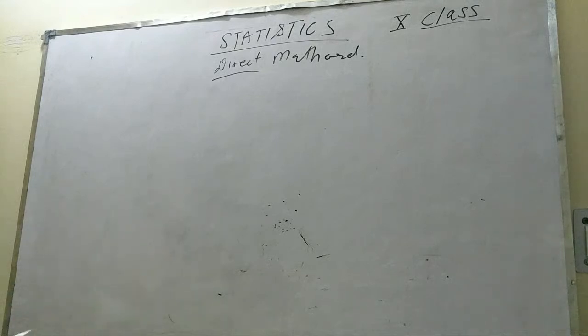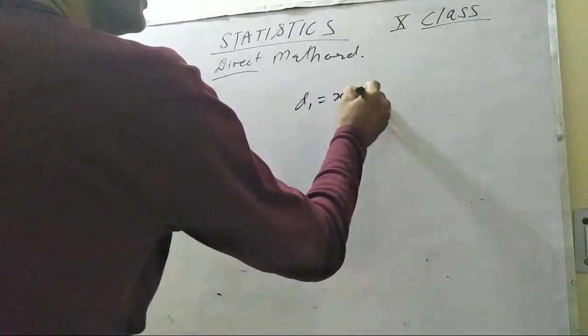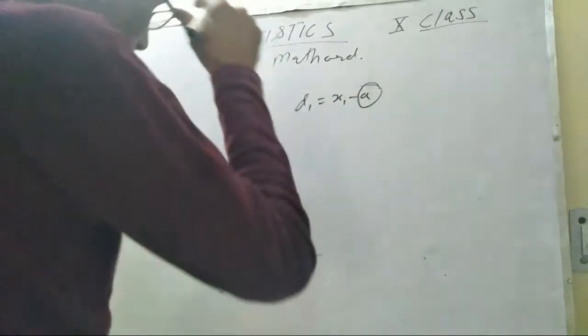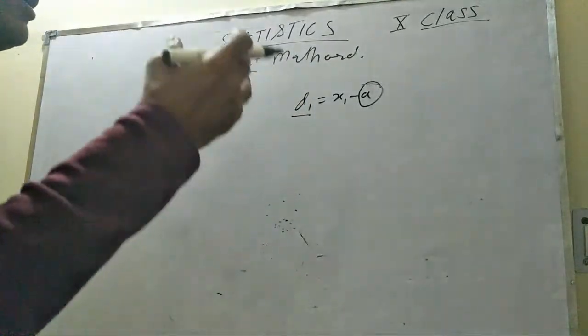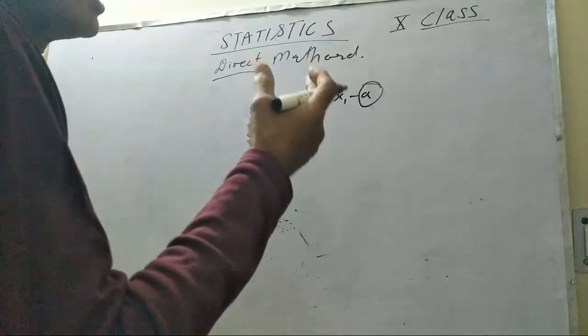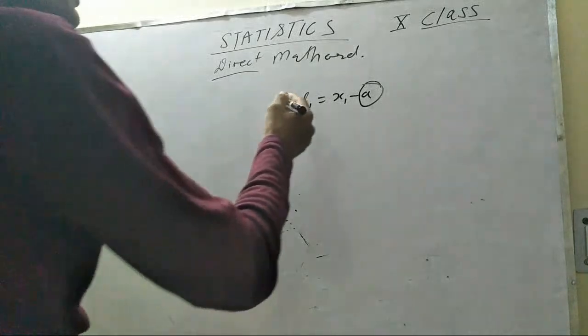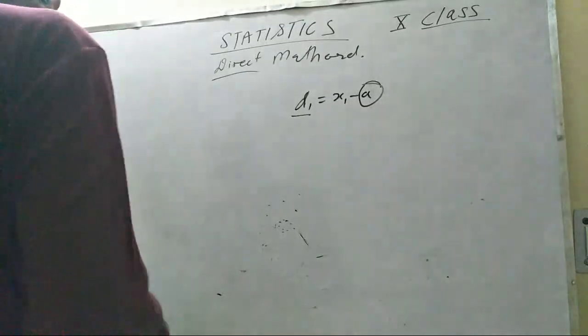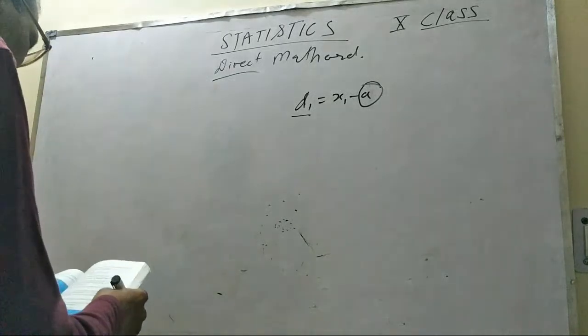In this, take d1 is equal to x1 minus A. We use this method instead of the direct method because we minimize the calculation. This is known as the assumed mean method.